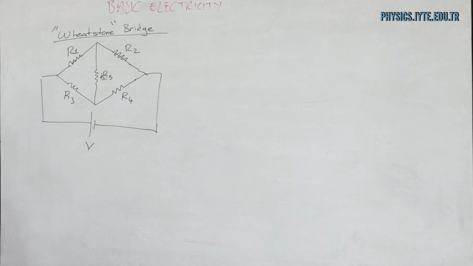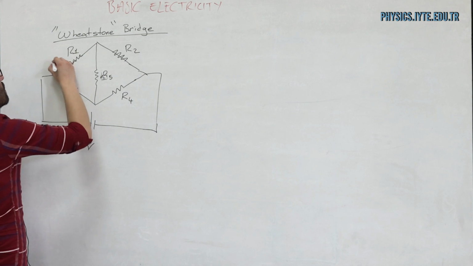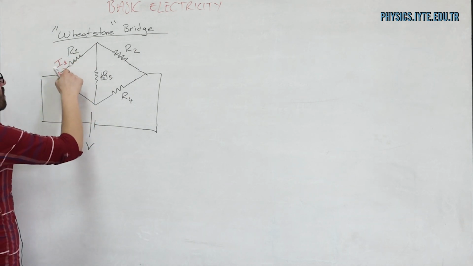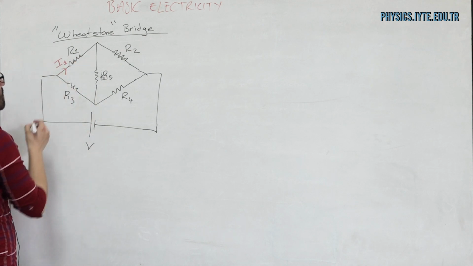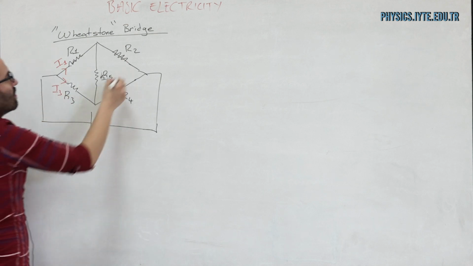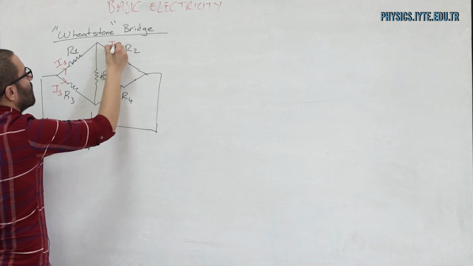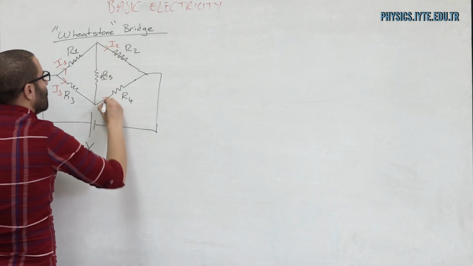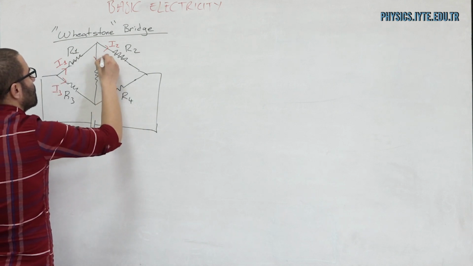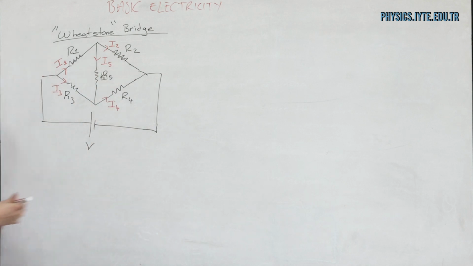Now what I need to do is assign a current to each branch. Here I assign I1 to the branch with the resistor R1. Here are I3, here I2, here I4, and here I5.